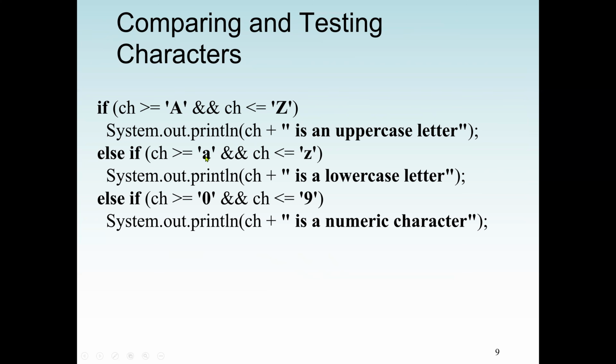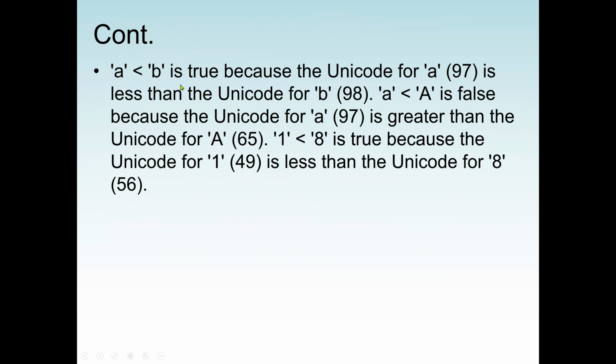If it's between lowercase a and lowercase z, then we just print that it's lowercase. Or if it's between 0 and 9, then it's a numeric character. So here we can see that the 'a' and 'b' are in single quotation marks, so we have two characters.